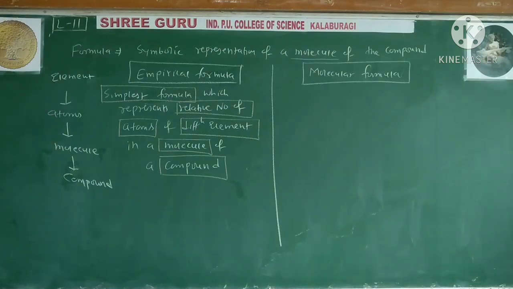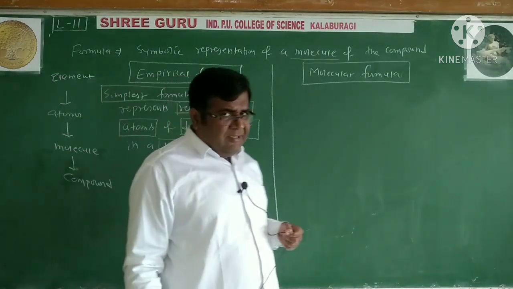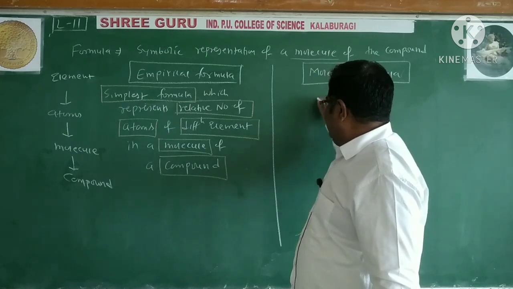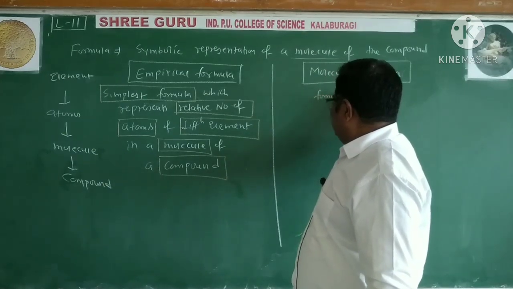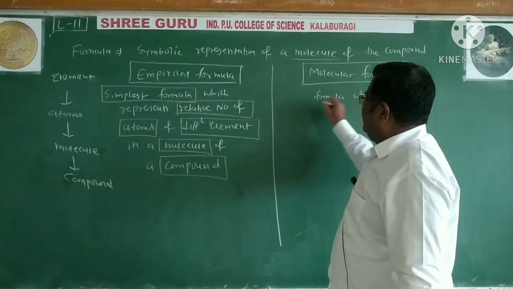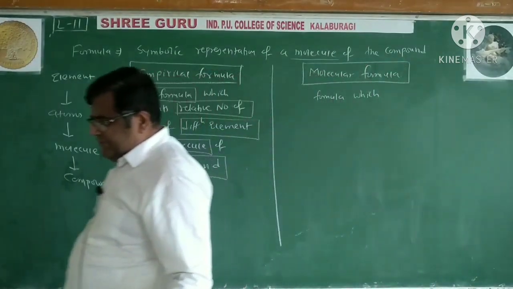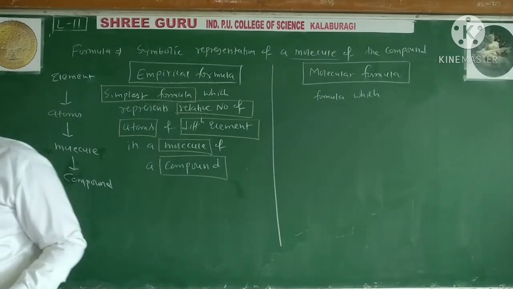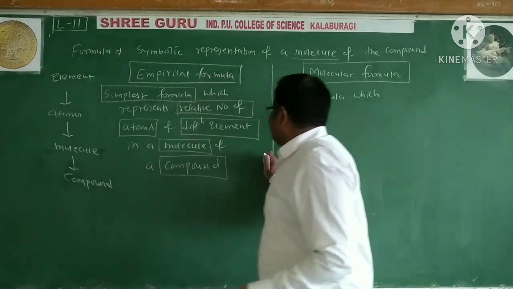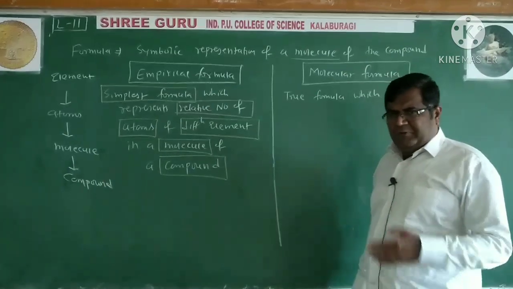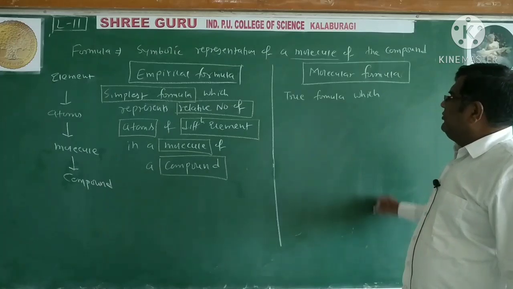Now how is the molecular formula different from the empirical formula? See the definition. It is the formula which, to be precise, we'll call the true formula, not simplest. I will explain what we mean by true and what we mean by simplest formula.